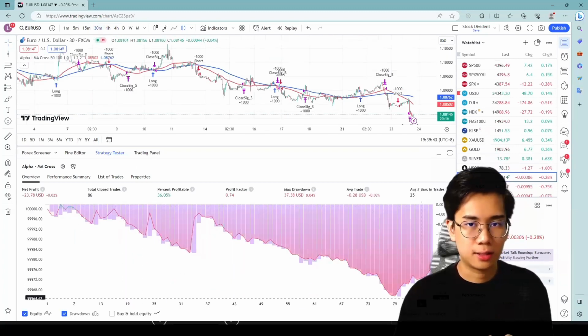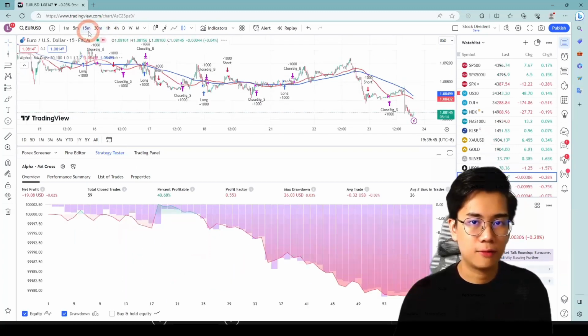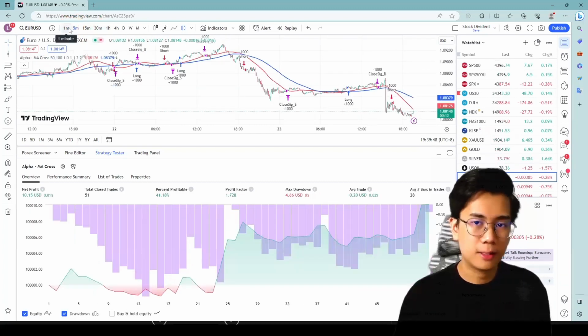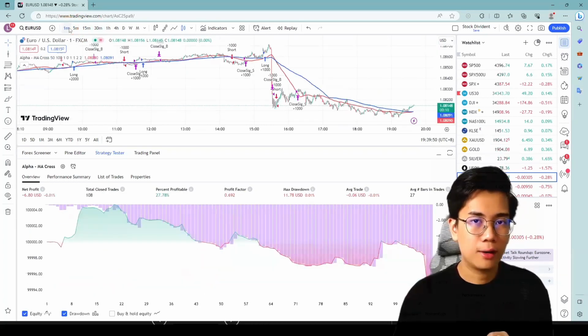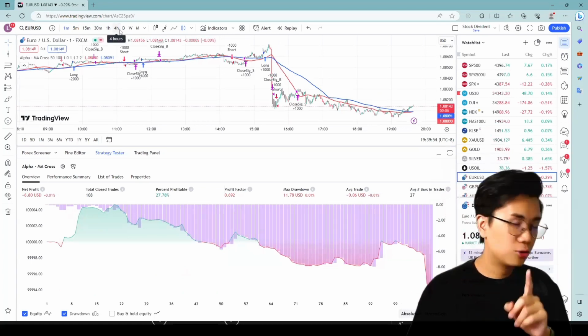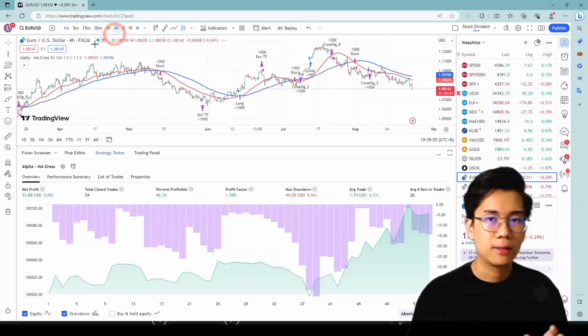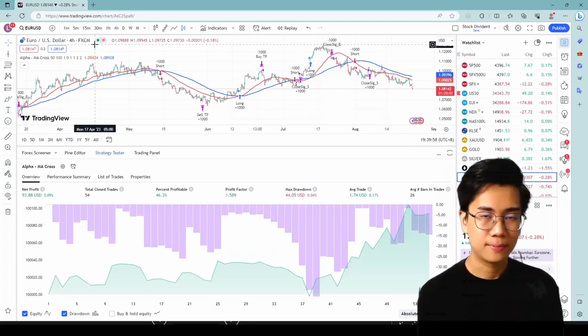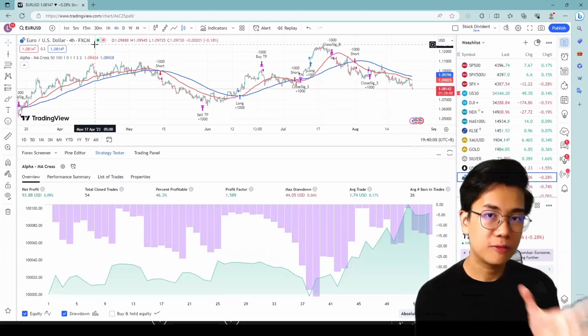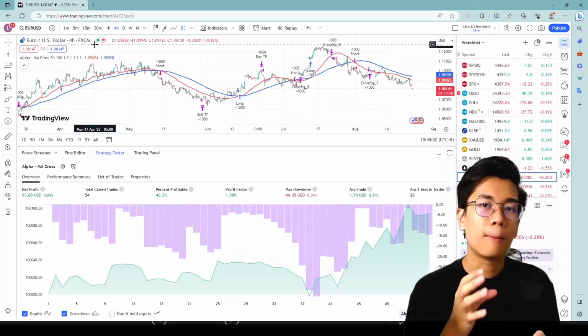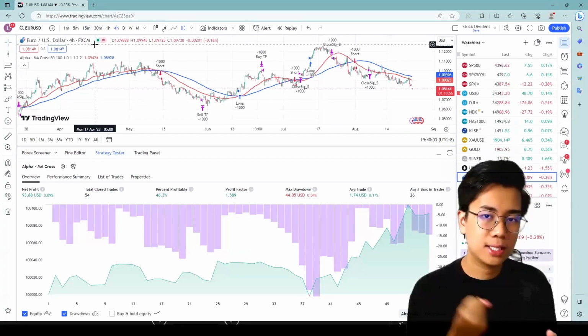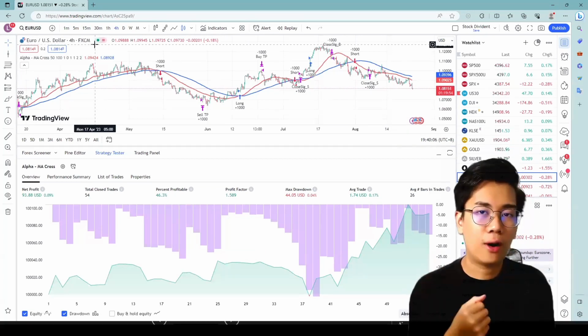You see, it keeps on losing in 30 minute, 15 minute, 5 minute. In 1 hour, 1 minute, losing a lot. So we can see that after we scan through multiple time frames with this strategy, meaning moving averages of 50 and 100, the best combination is the 4 hour time frame.